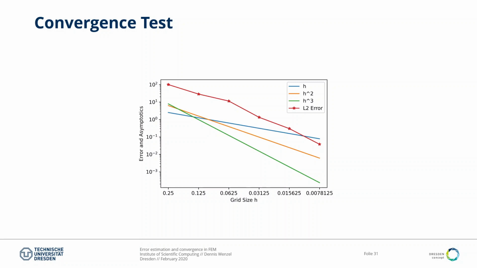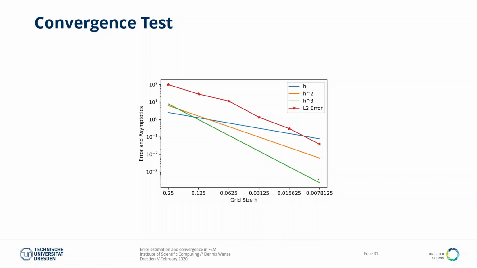And then the question is now, what asymptotic is the one matching my red line? Well, if you look at the blue one, then you can directly see that they are crossing at some point, so that cannot be the same thing. If they are crossing, they cannot be parallel. For the green line, on the other hand, the h3 asymptotic, you see here, this distance is much smaller than this distance here at the end.